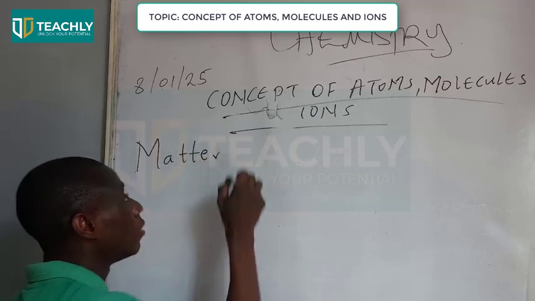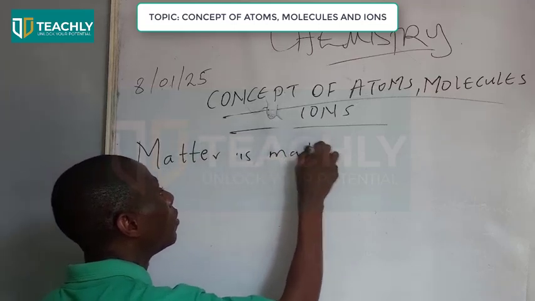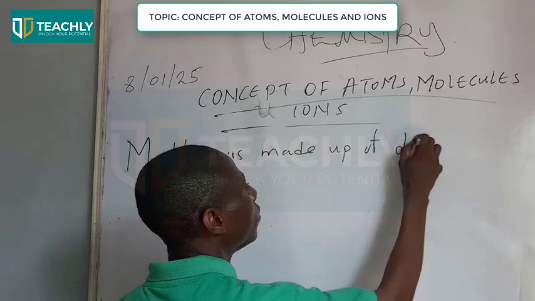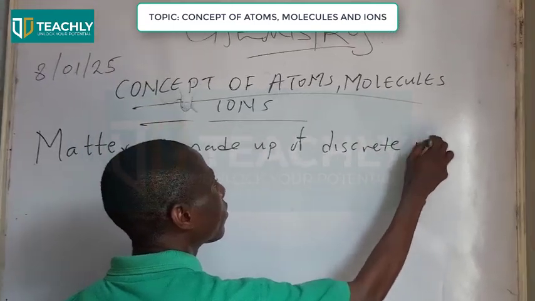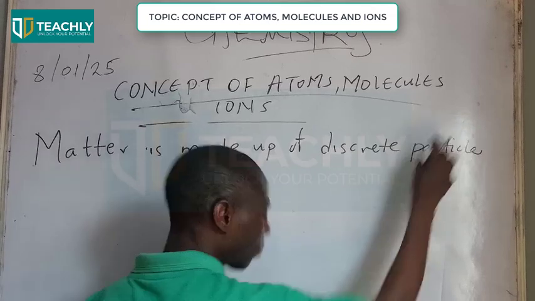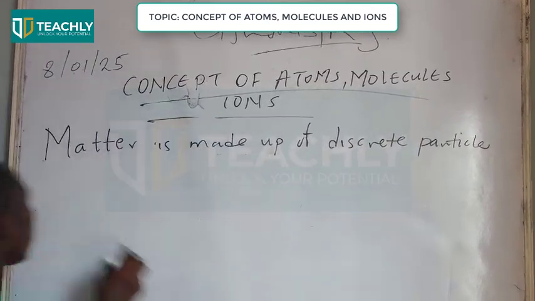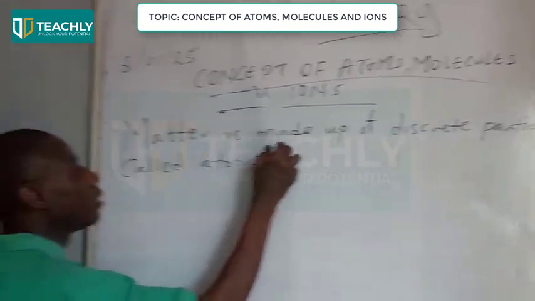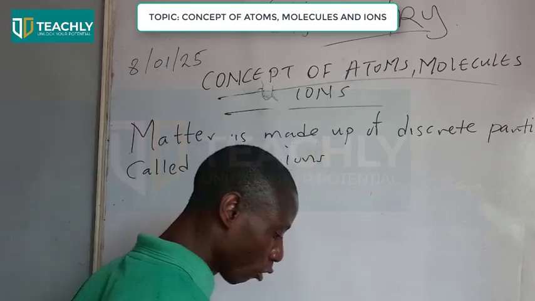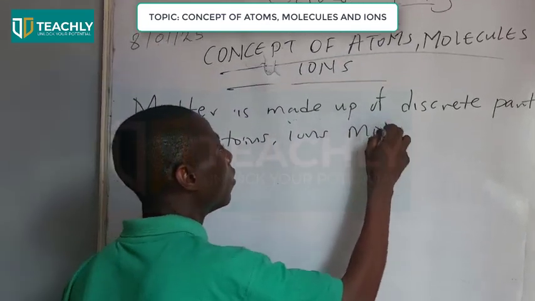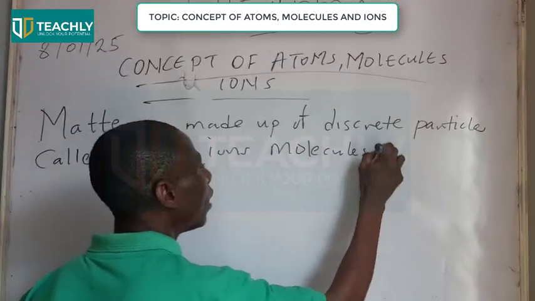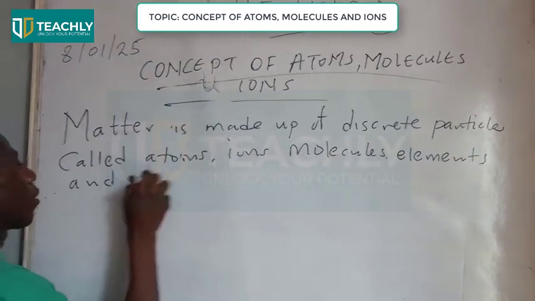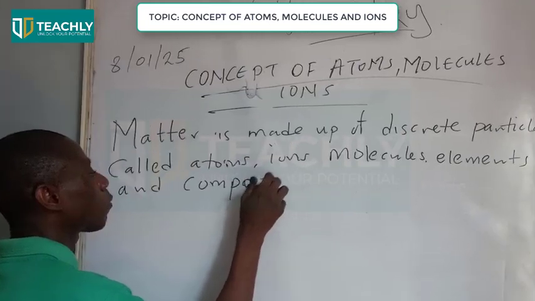Matter is made up of discrete particles. So the discrete particles are called atoms, ions, and also molecules, elements, and compounds.